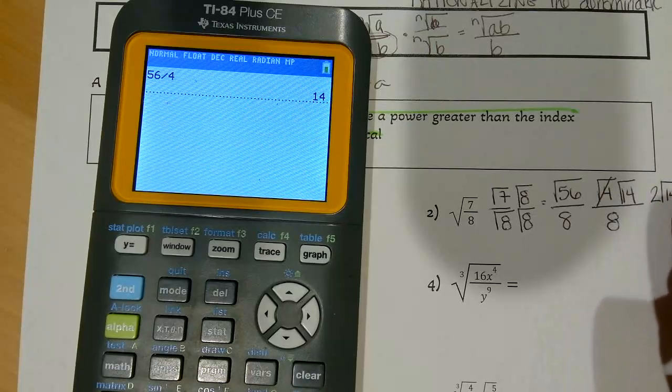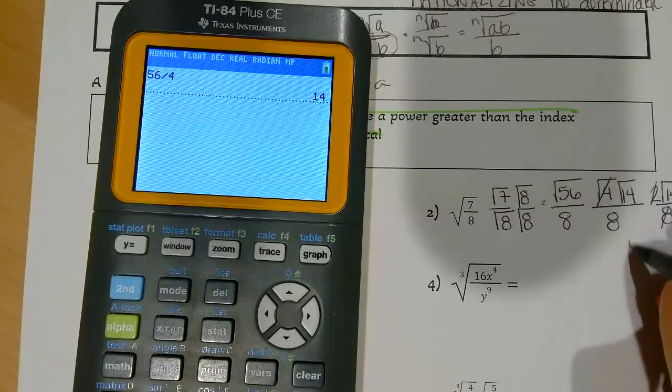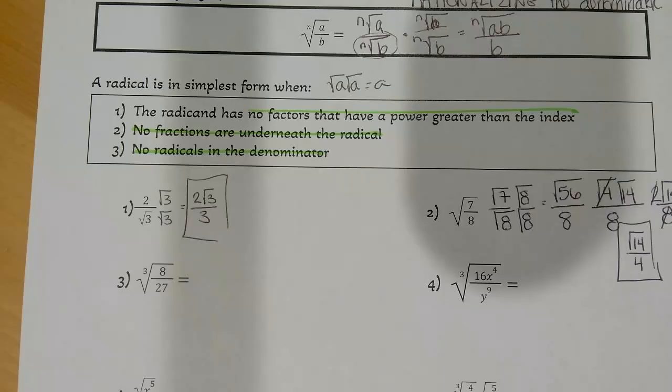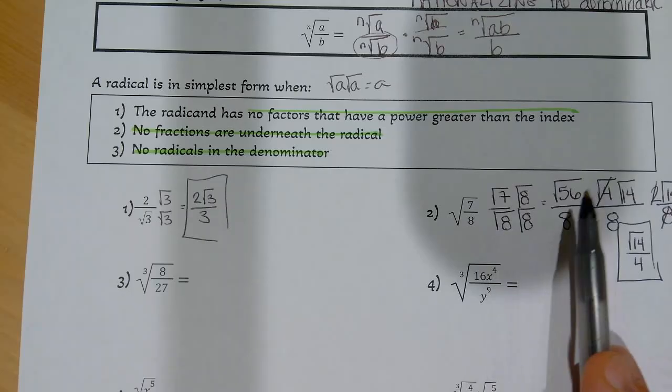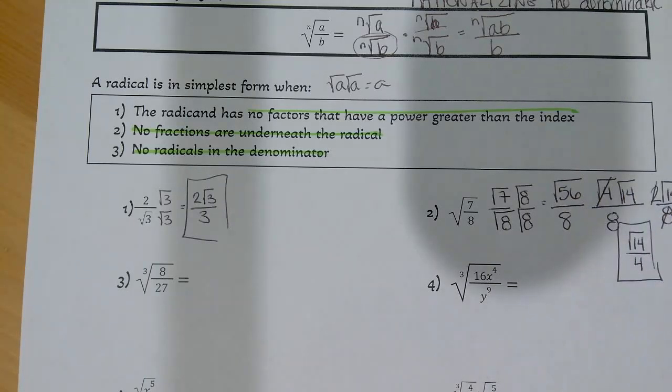So I get 2 root 14 all over 8. And then I can reduce that fraction: 2 over 8 is 1 over 4. So I've got the square root of 14 over 4. So again, I rationalize by multiplying by itself. Then I'm going to simplify the radical if I can and reduce.